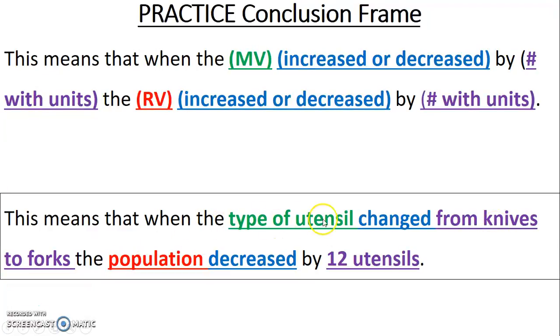So when the type of utensil changed from knives to forks, the population decreased by 12 utensils. And so notice that with the RV, we can use our frame just as it is. It's just that MV that we have to make slightly different.